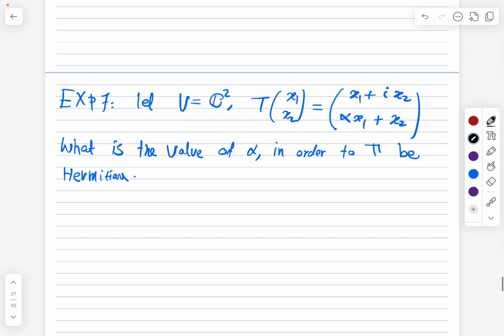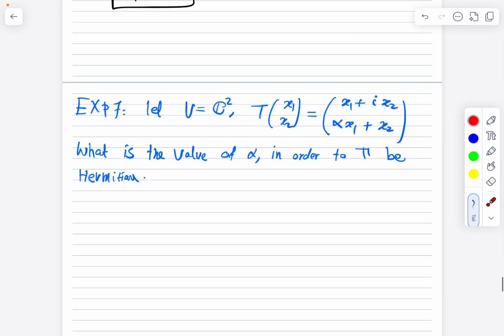Another interesting example: let V be C2, and let the operator act on a vector as follows. It takes x1, the first component, plus i times the second component, as the first entry, and alpha times the first component plus the second component as the second entry.